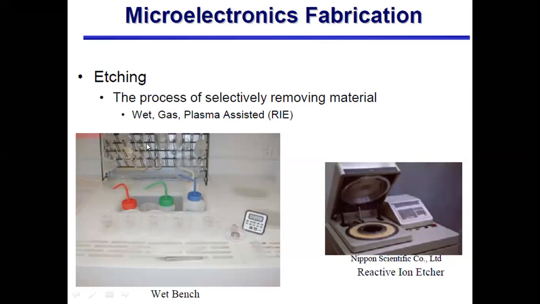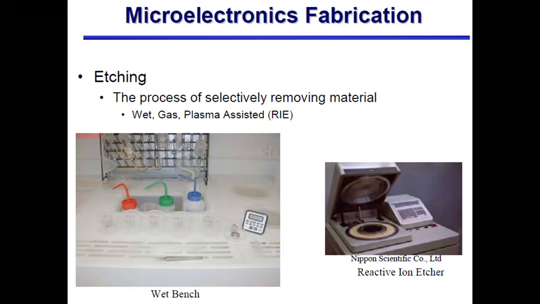So normally in photolithography, we transfer the pattern on the mask onto the substrate. Next is etching. Because we have deposited a layer of a material on the substrate, but we don't want the whole layer.